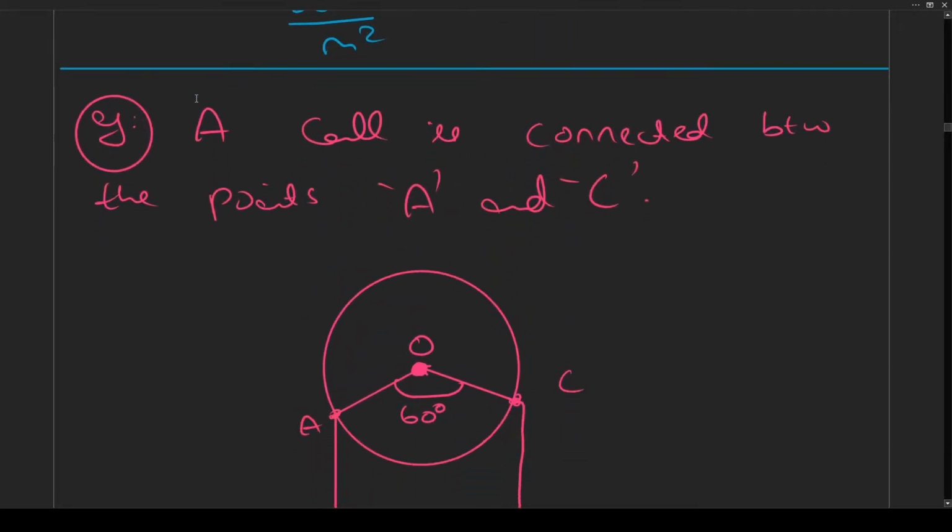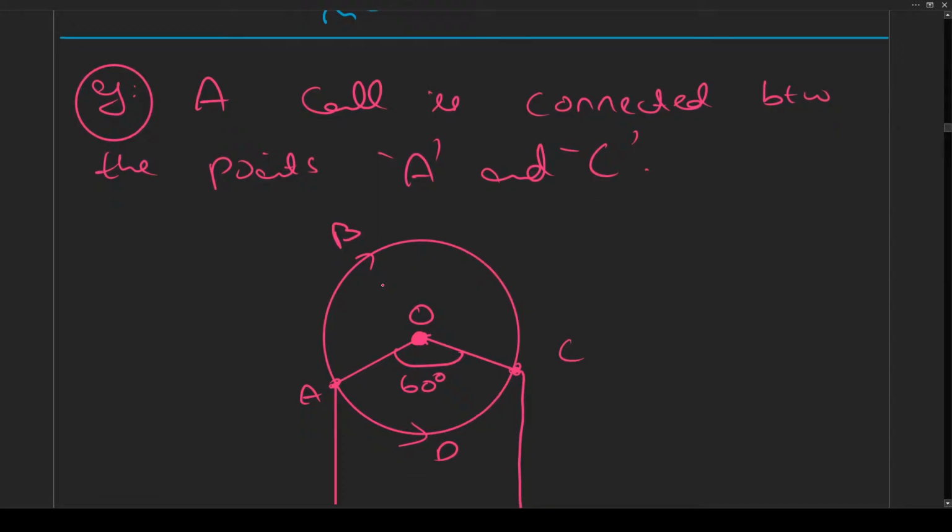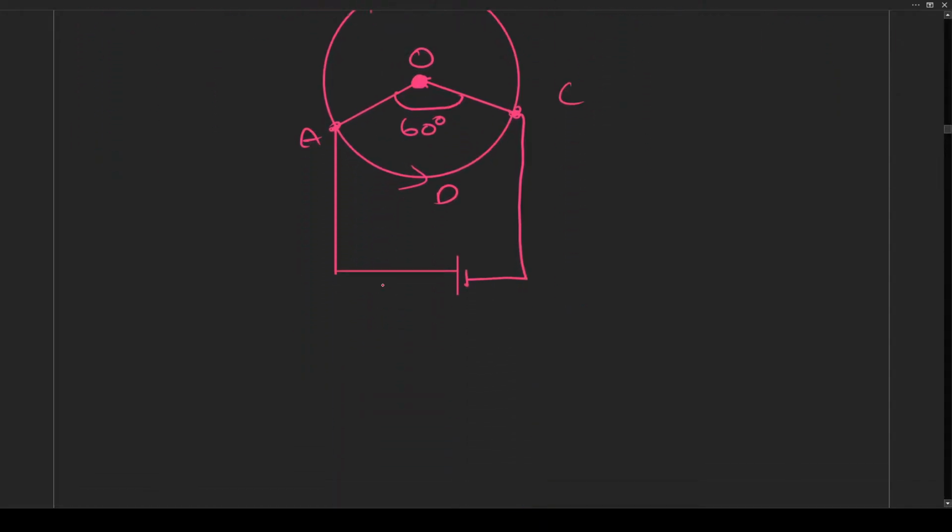Okay, I will read out the question. A cell is connected between points A and C of a circular conductor ABCD. This is D, this is B. If B1 and B2 are magnitudes of magnetic field at O due to currents ABC and ADC respectively, then ratio of B1 by B2 is.